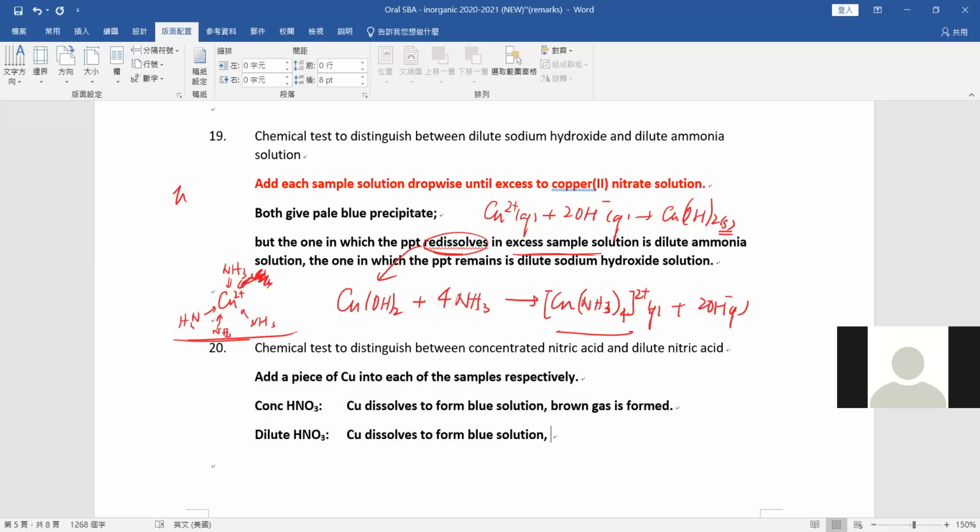Okay, so the answer is not correct, because dilute nitric acid is a mild oxidizing agent. So you may find that copper, first of all, will dissolve into the dilute nitric acid. Second is that we have got colorless gas formed, which rapidly turns brown near the mouth of the tube. Good.